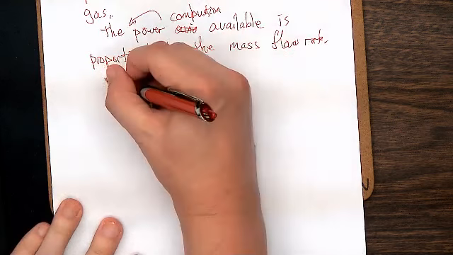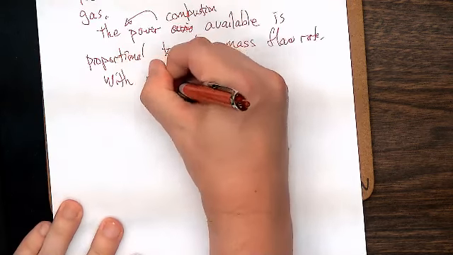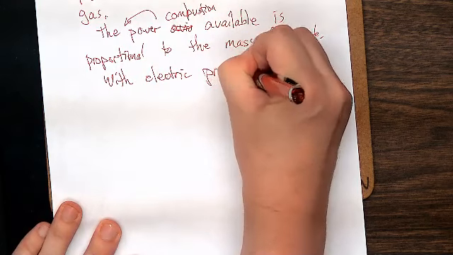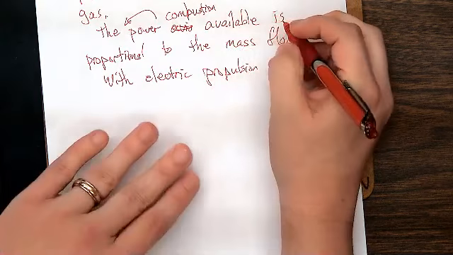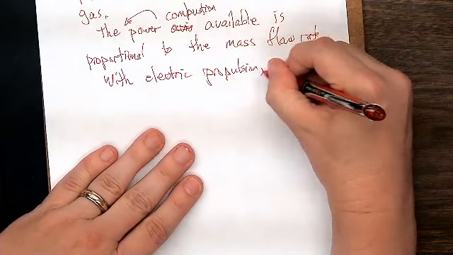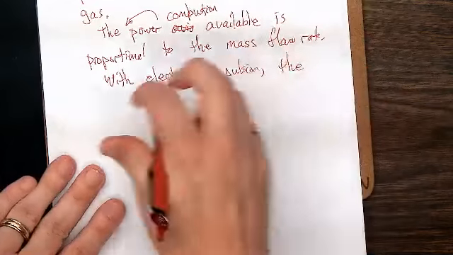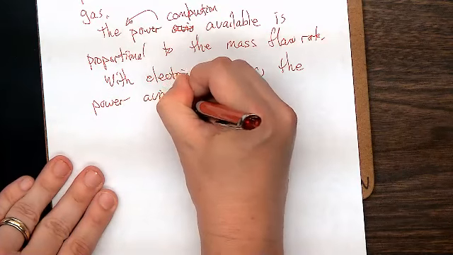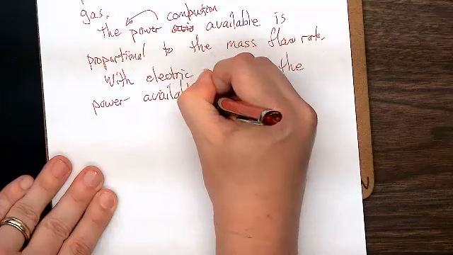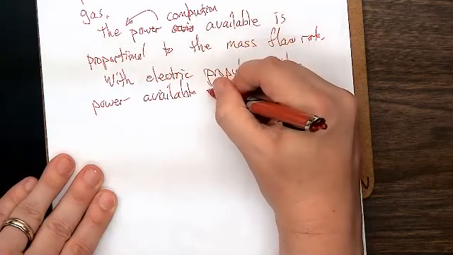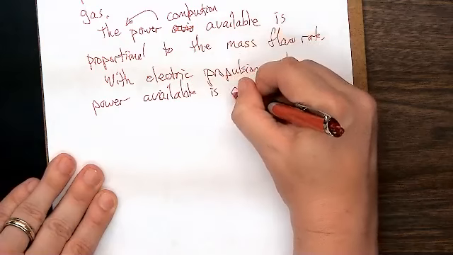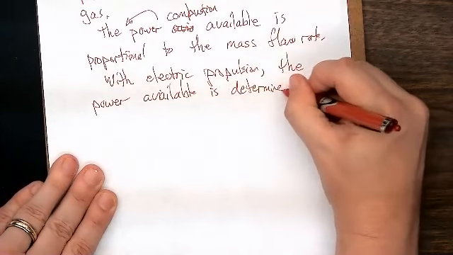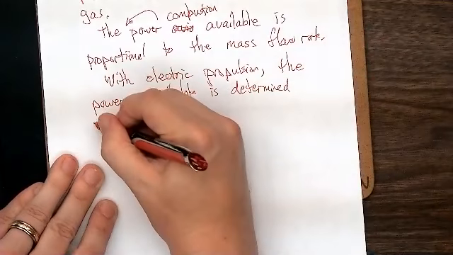With electric propulsion, the power available by the system is determined by system considerations.